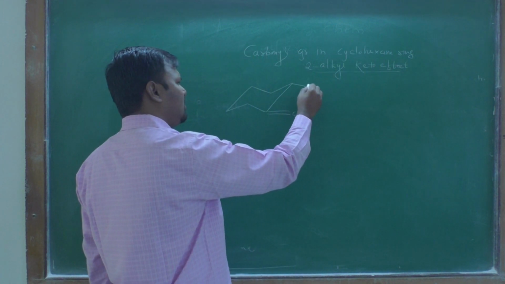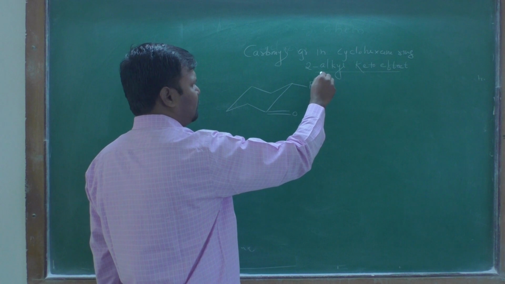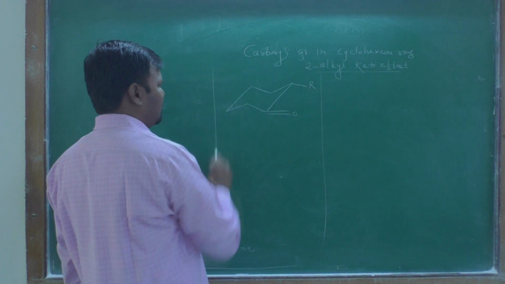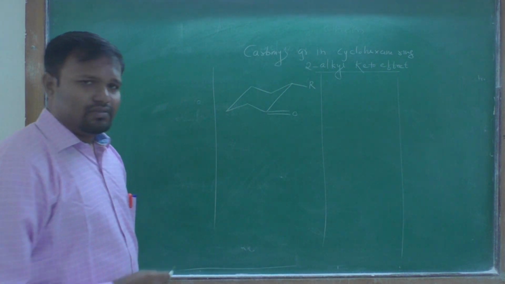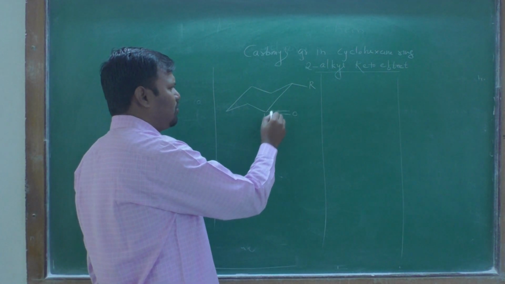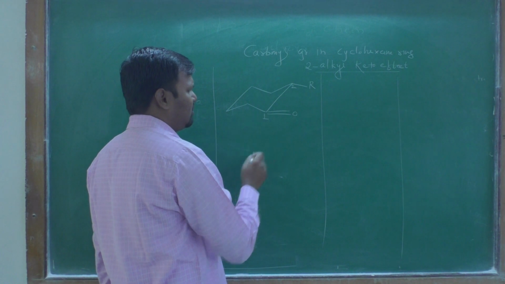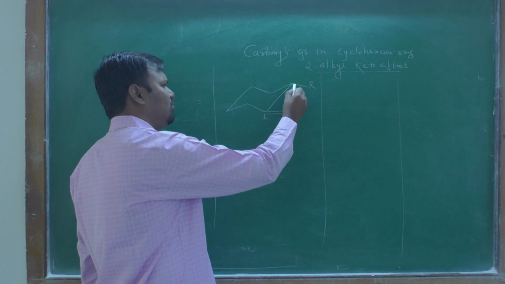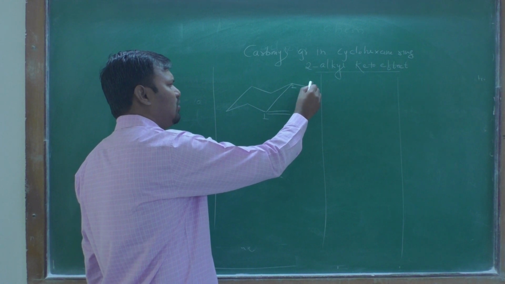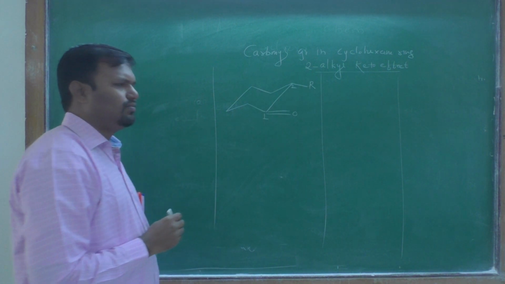In this case, at position 1 there is the carbonyl carbon, and at position 2 an alkyl group R is attached.